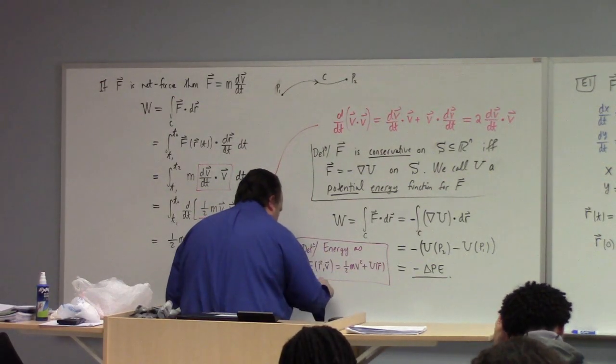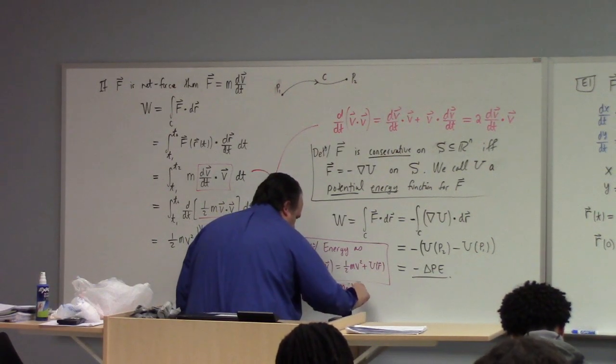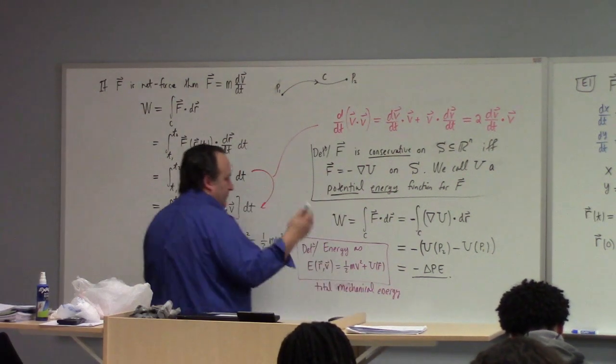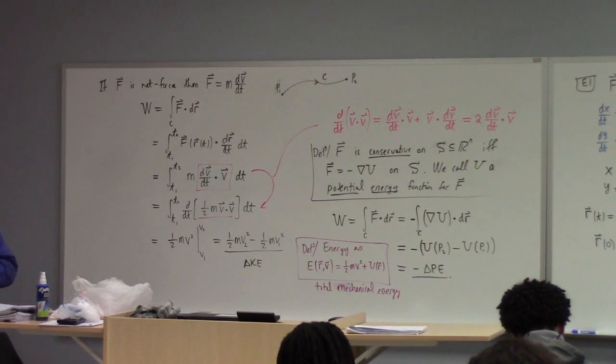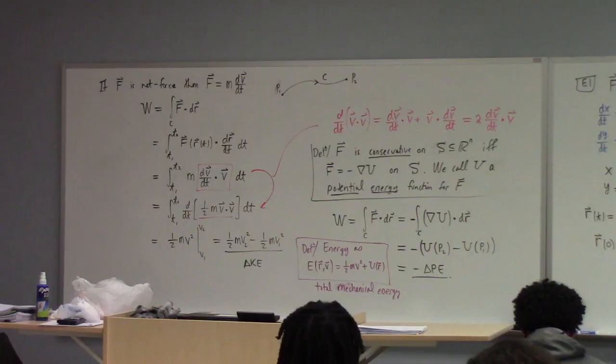This is the total mechanical energy. And when we look at these two things I have on this board, we get that the total mechanical energy is conserved. It does not change with time, provided that the net force is a conservative force.